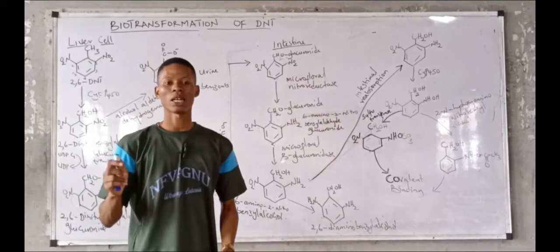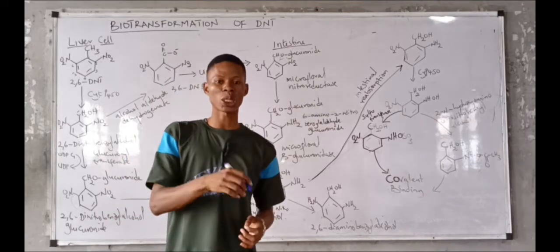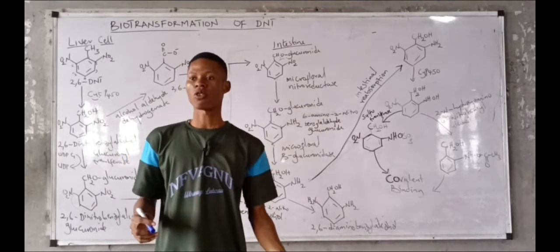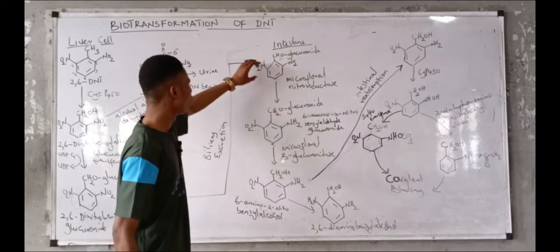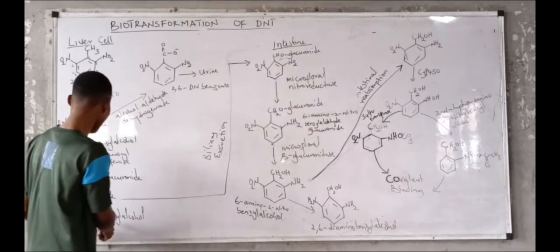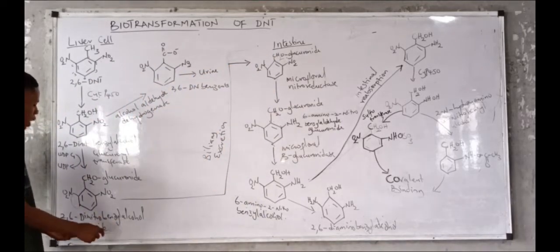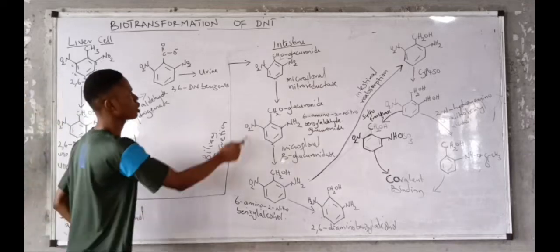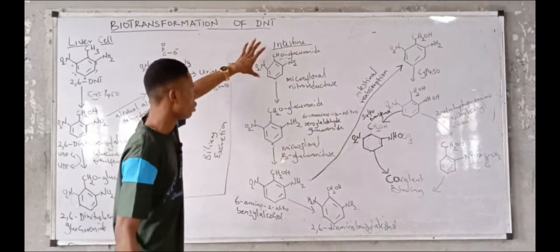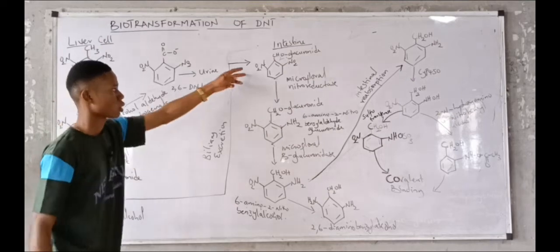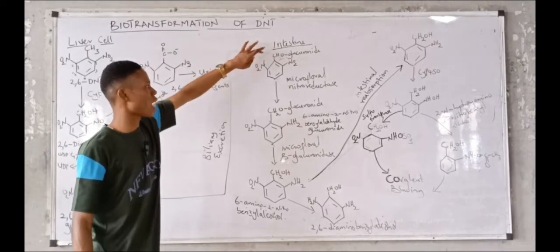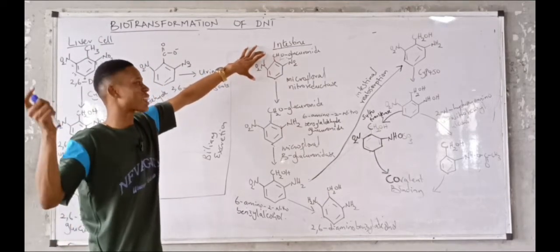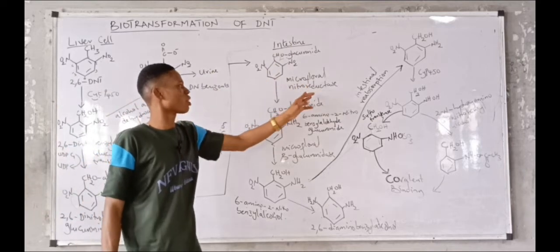Remember, we're looking at xenobiotics whose toxicity is dependent on microflora metabolism. Now, this same compound here, this 2,6-dinitrobenzyl alcohol glucuronide, is what is transported to the intestine. If you look at the structure, they're the same thing. Now, this 2,6-dinitrobenzyl alcohol glucuronide will be acted upon by microflora reductase.